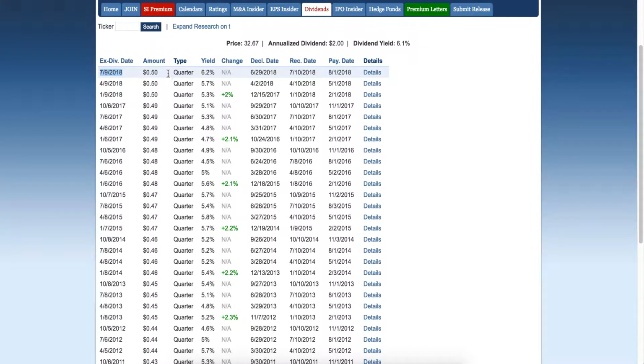And it's going to be paid in August, obviously, in this case. So that's what you need to know basically, the most important thing about the ex-dividend dates. You need to be owning the stock at least one day before that, like the 8th of July, in order to be getting paid on the 1st of August. That's what it actually means.